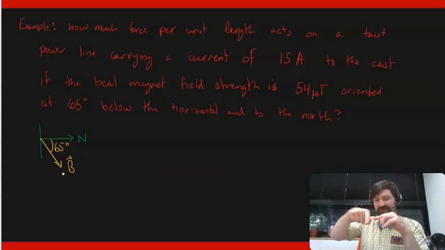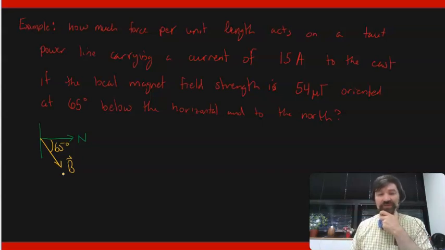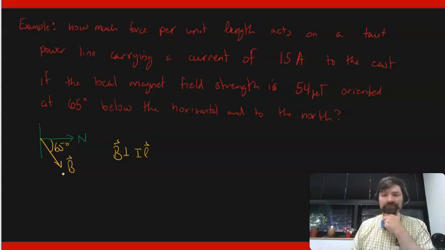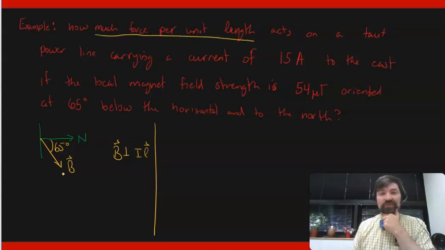And so I have basically one vector this way and one vector this way. They're still perpendicular to each other. So B is still perpendicular to IL. Now, to get the actual answer to the question itself, this is asked how much force per unit length. So that would be F divided by L.